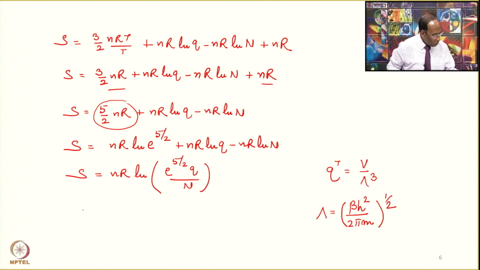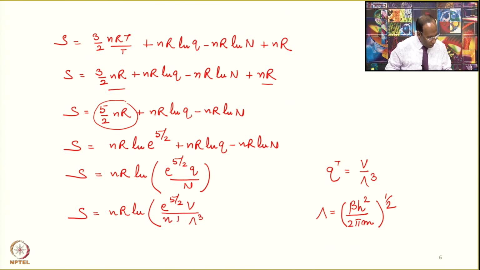Let us substitute. So S is equal to nR log exponential 5 by 2 times V upon lambda cubed, and instead of n let me write n times Na. The expression that I have now is S is equal to nR log exponential 5 by 2. Instead of Q I have written V by lambda cubed, instead of n I have written n times Avogadro constant.